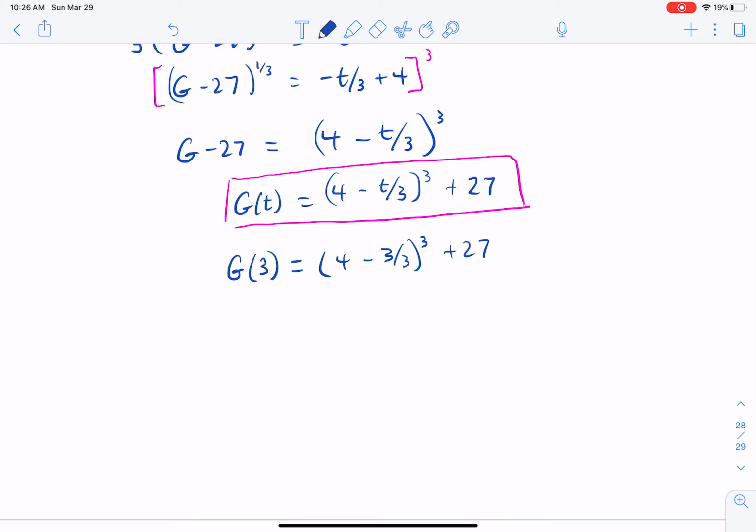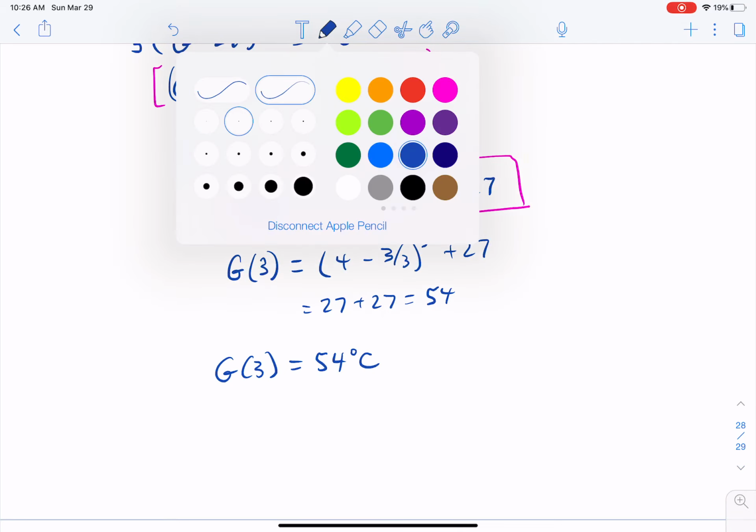And let's see, 3 over 3 is 1. 4 minus 1 is a 3. 3 cubed is 27, plus another 27. 54. So we're going to say g of 3 is equal to 54 degrees Celsius.